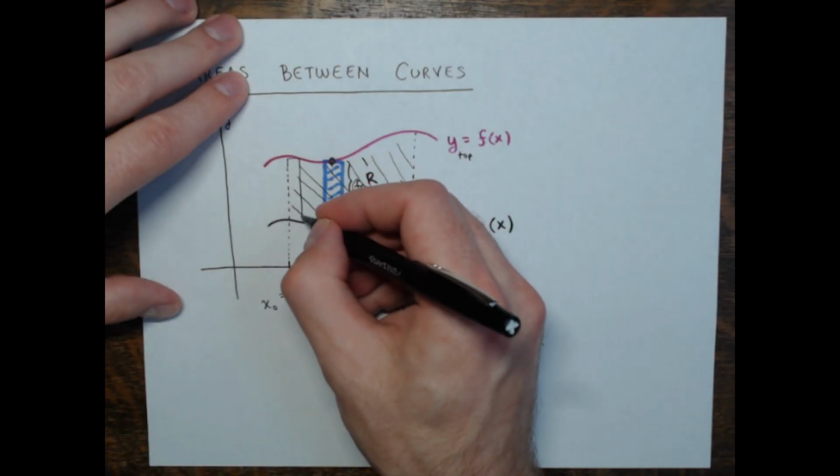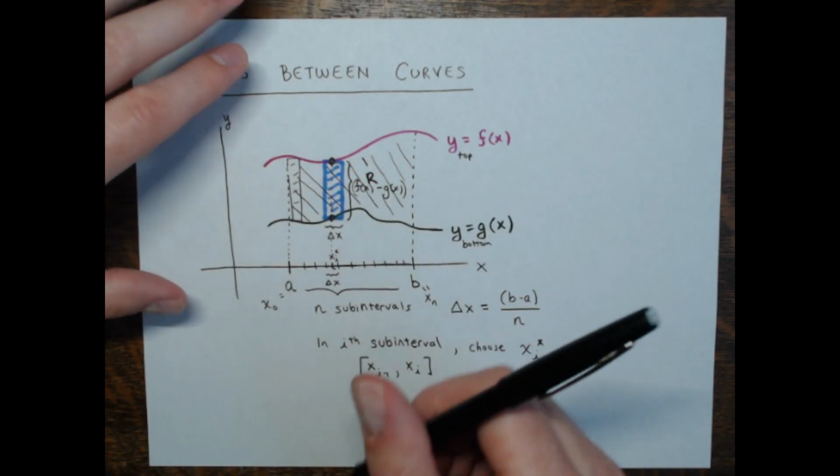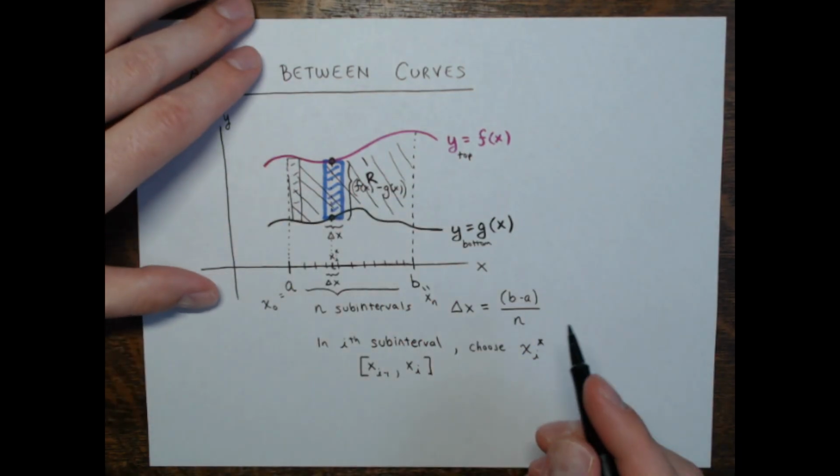So then I would do this for every single piece, right? Create all these little thin rectangles and add them up.